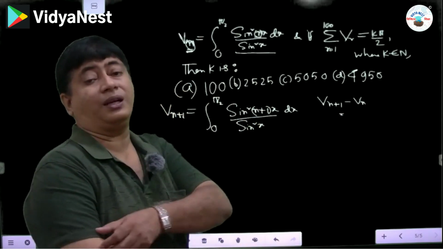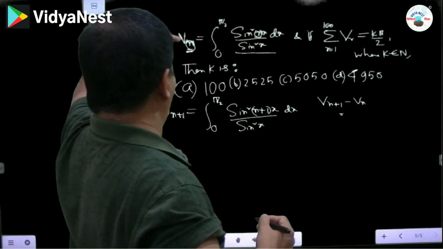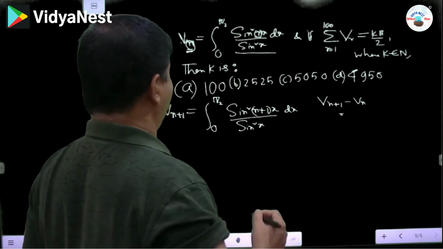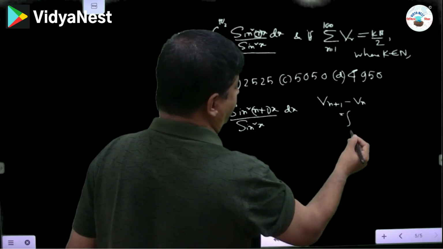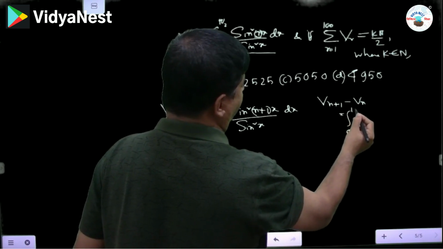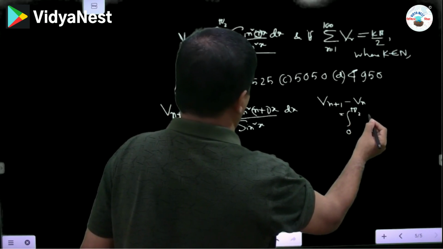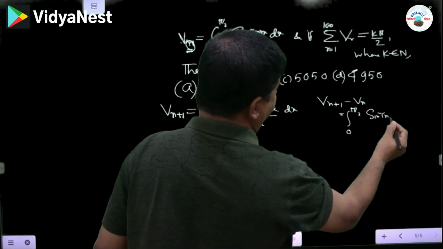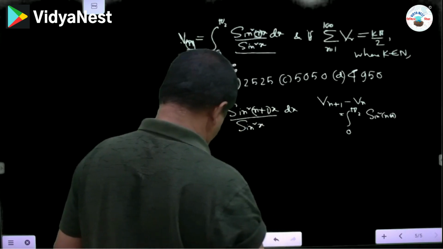It gives us what? Let us subtract the given from Vn plus 1. One integral will be subtracted from the other. Rare sum, that is.